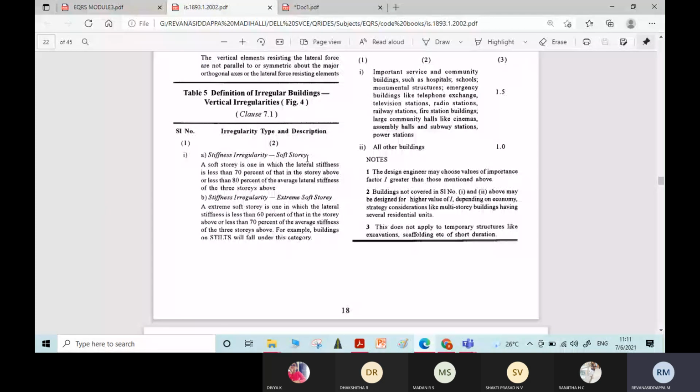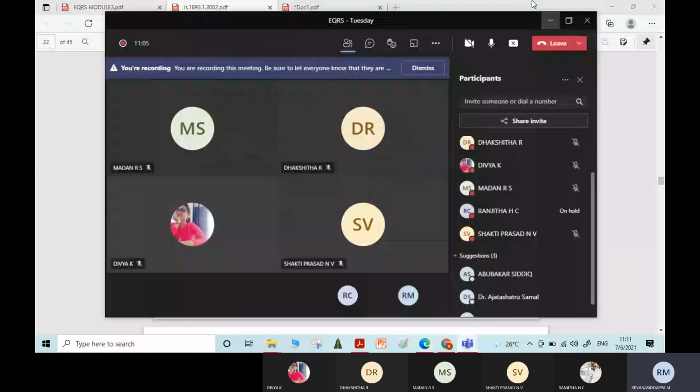In case of extreme soft storey, the percentages we mentioned will vary. The 70 becomes 60, 80% becomes 70. The condition is the same, but the percentage will vary for extreme soft storey.